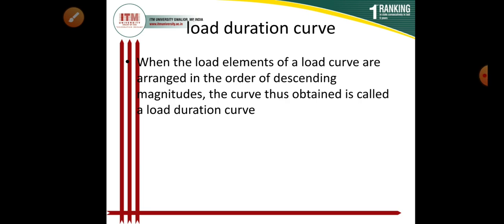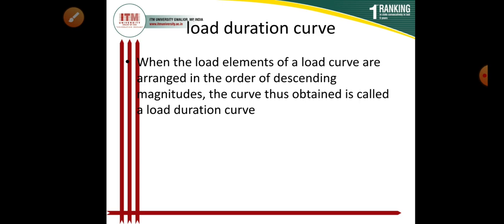When the load for different time intervals is arranged in order of descending magnitude, then the curve that is obtained is called the load duration curve. So here we are arranging the loads or demand in a descending order with respect to time.